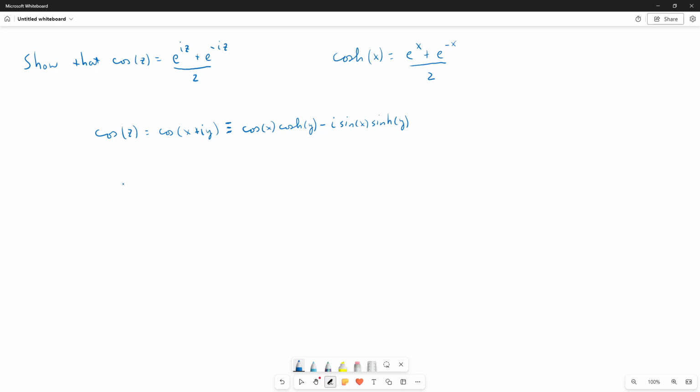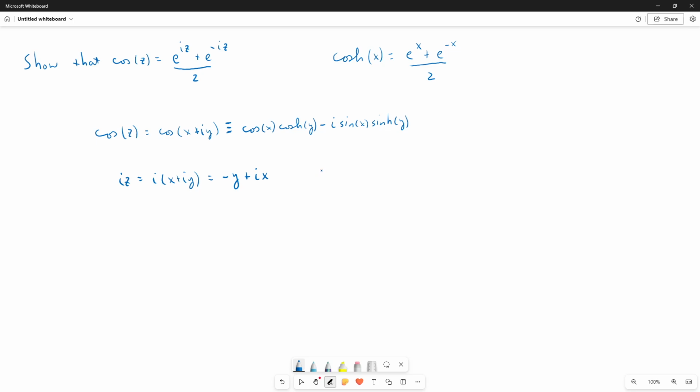And let's see, iz, which is our variable here, is i times x plus iy. And the real part of that is going to be negative y. i times i is negative 1, so negative y. And the imaginary part, we have ix. So iz is negative y plus ix.